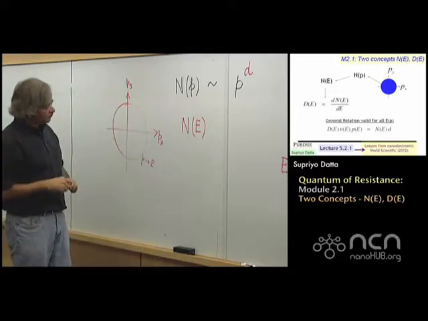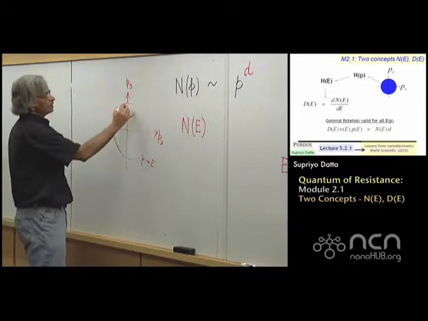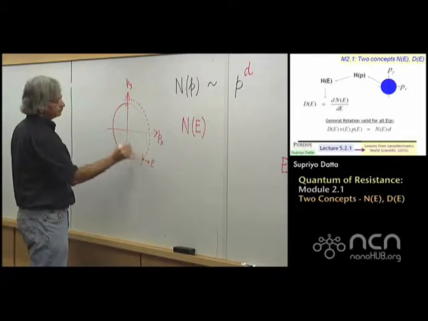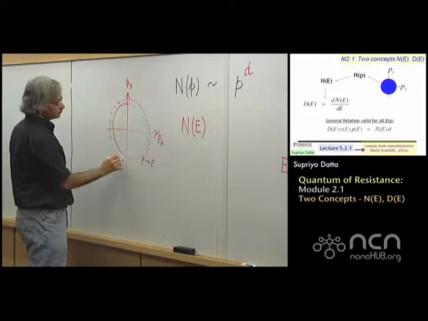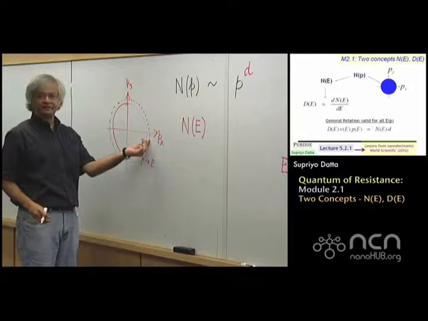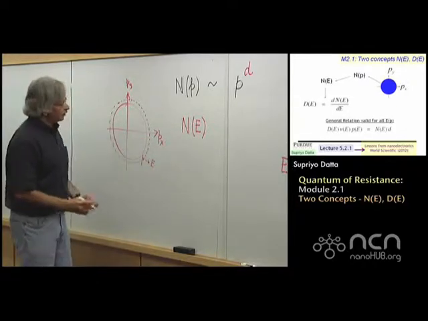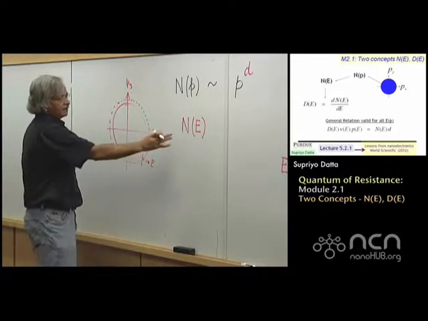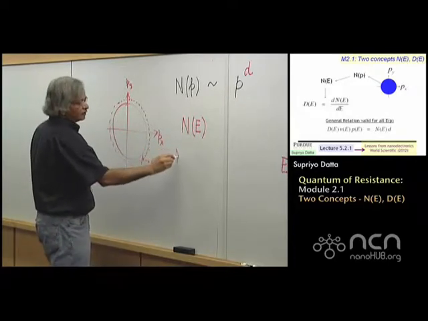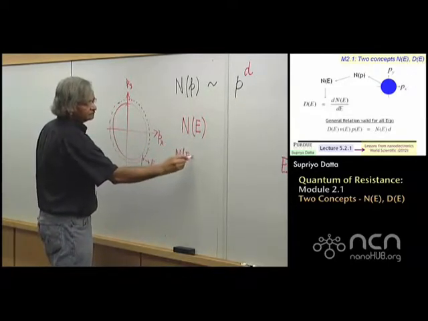Now, what is the density of states? Well, what you want to know is, if I increase the energy a little bit, like so, how many extra states do I get? The way to think of it is, find N of E, find N of E plus dE.